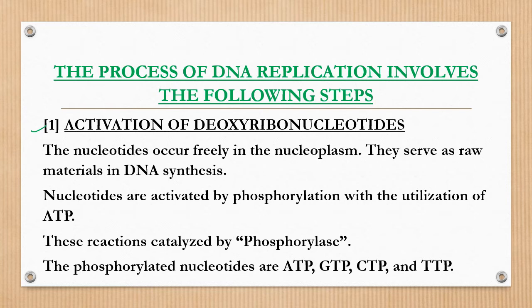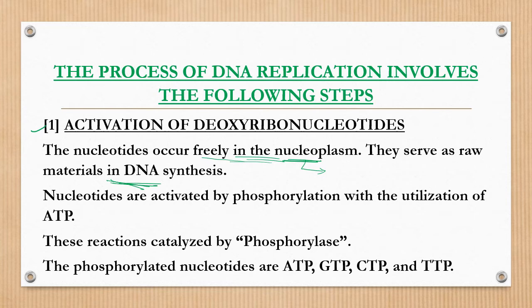The nucleotides occur freely in the nucleoplasm, as already mentioned. They serve as the raw material in DNA synthesis, so the raw material for new DNA synthesis is nucleotides. Nucleoplasm is nothing but the fluid substance present in the nucleus, like cytoplasm.